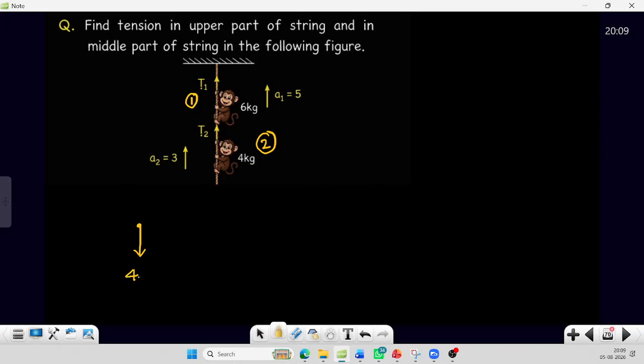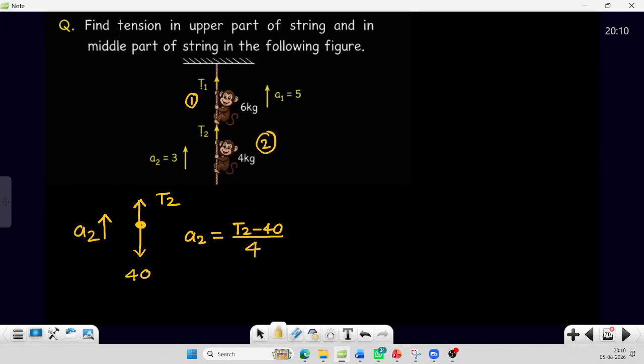This is 40 N. And this monkey has the acceleration given, so we call the tension T2. This monkey is moving in the upward direction, so the acceleration is A2. We can write the equation: A2 equals (T2 minus 40) divided by the mass of this monkey, which is 4 kg.